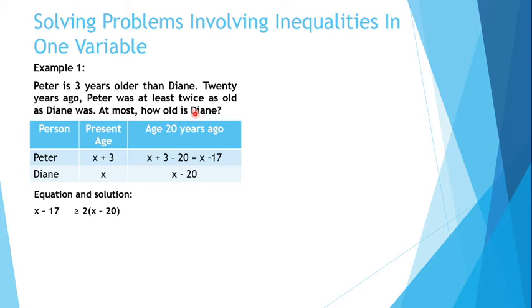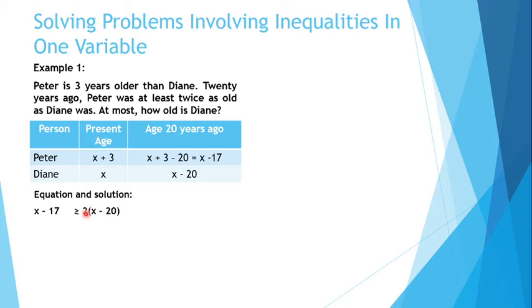Okay, but take note that accordingly, since Peter was at least twice as old as Diane, we are going to multiply the age of Diane by 2, for it to be greater than or equal to Peter. So this is the age 20 years ago, x minus 20, and then to be equivalent with our first inequality, we must multiply it by 2.